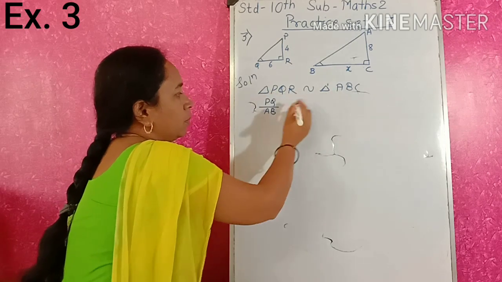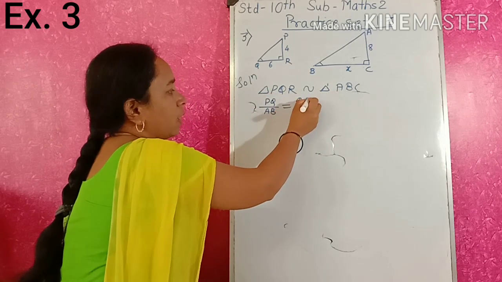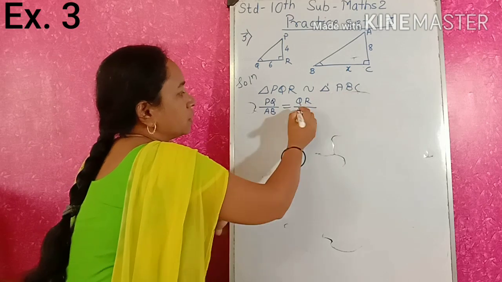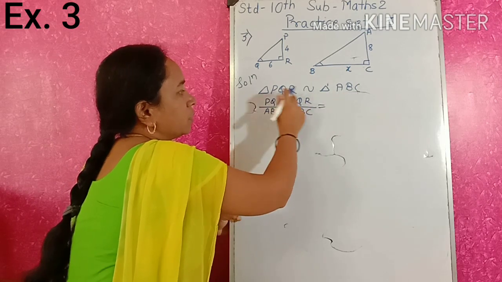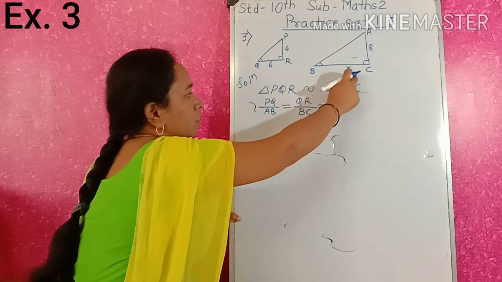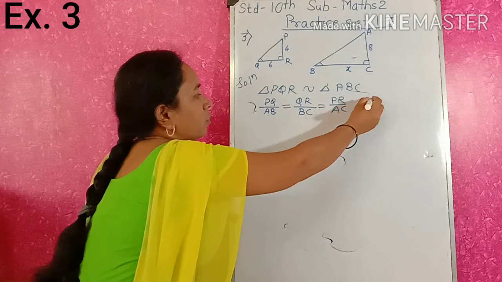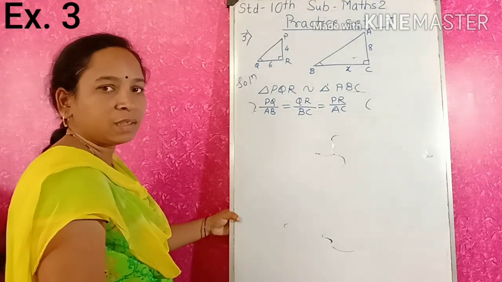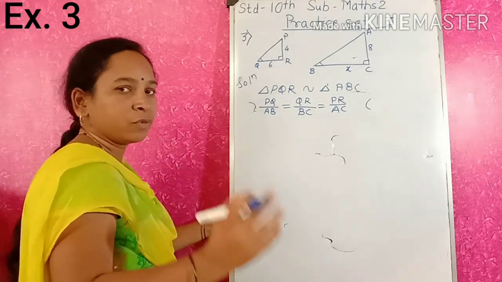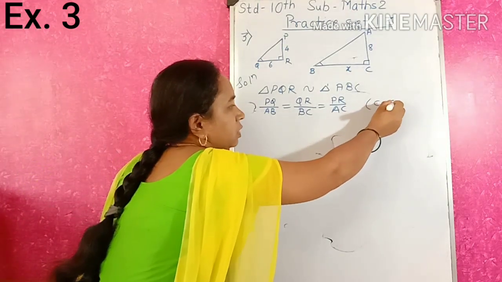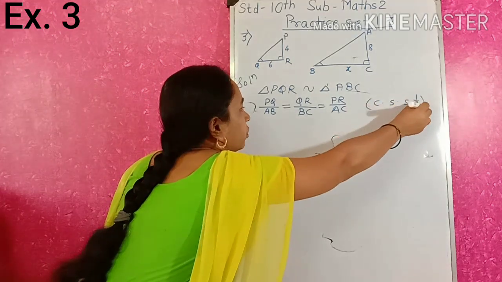PQ upon AB is equal to QR upon BC is equal to PR upon AC. What is the reason? Corresponding sides of similar triangles.